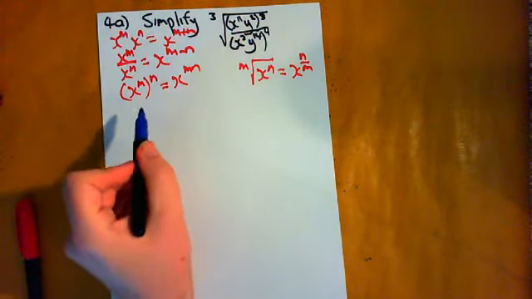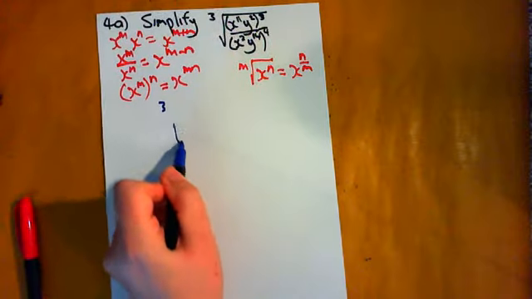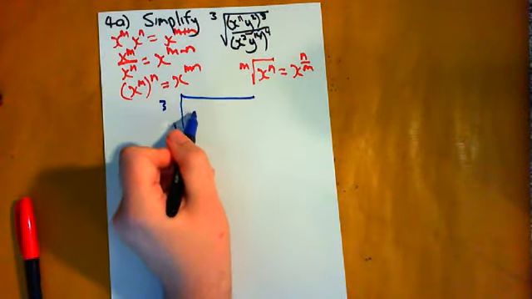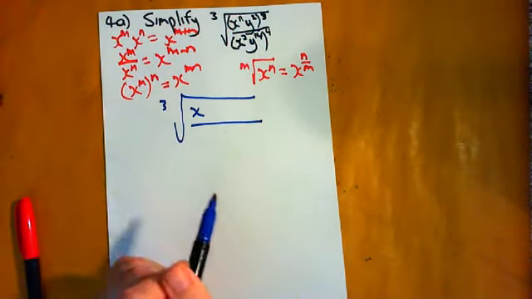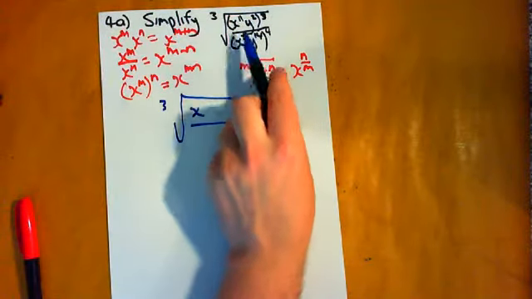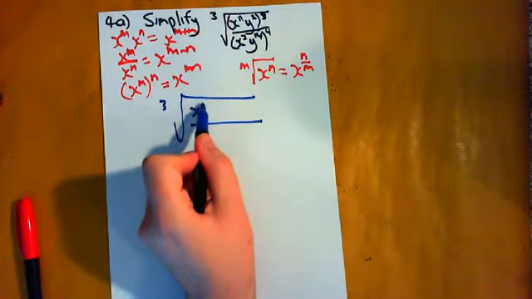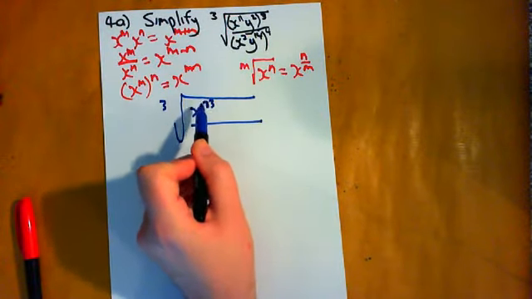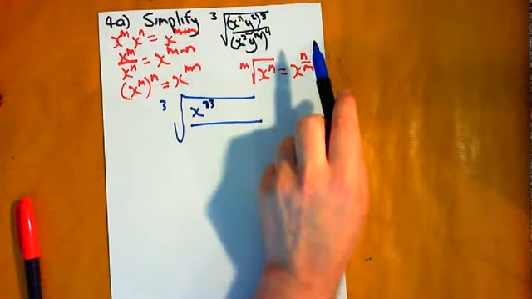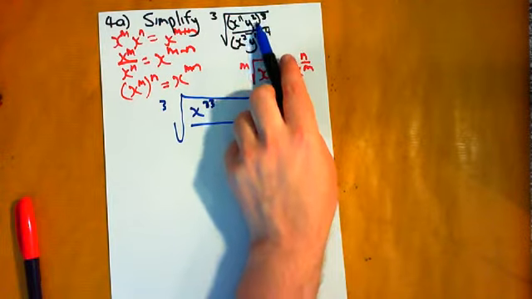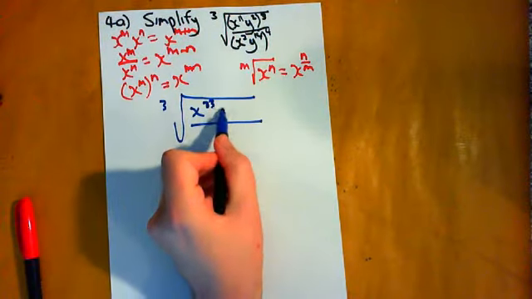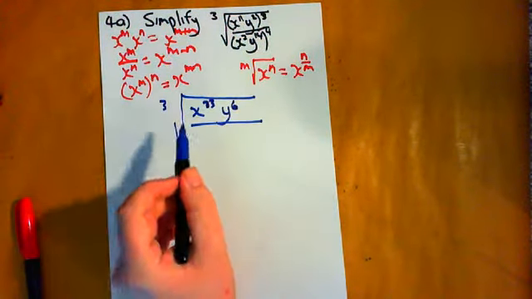So we've got the cube root of x to the power of, what's the power of x on top? We can multiply our 11 times 3, so we get x to the 33 on the top. And what will that make our power of y? 2 times 3 gives us y to the power of 6.